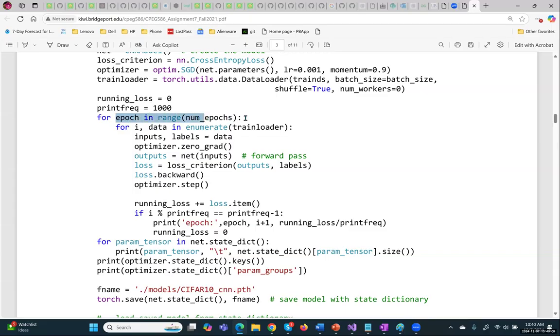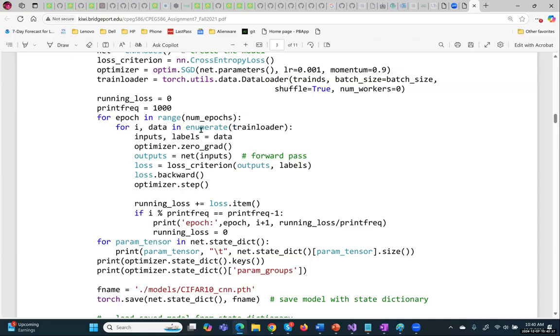For epoch in range num epochs, enumerate train loader, and we just keep going and obtain the data. Once we call net and feed the data. See, inputs data came from the data loader, okay? Or the train loader in this case. I will increment every time we obtain the batch of data.